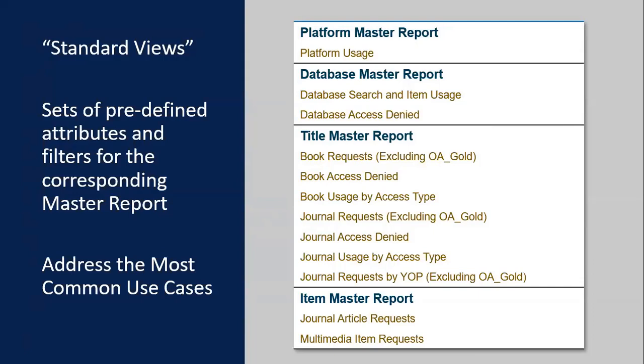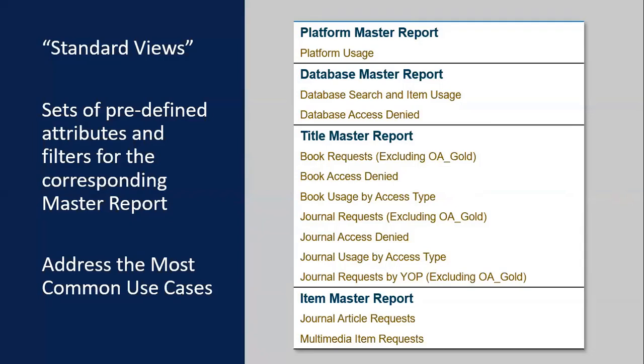Journal requests excluding OA Gold is, for instance, a view that you would use to see the usage of your subscribed resources with a vendor excluding the OA Gold, and that would be what you can use for cost per use. I think I should, in a moment, highlight an additional benefit in the change of metric types that you can make use of in this report.